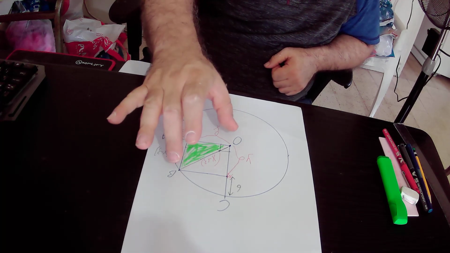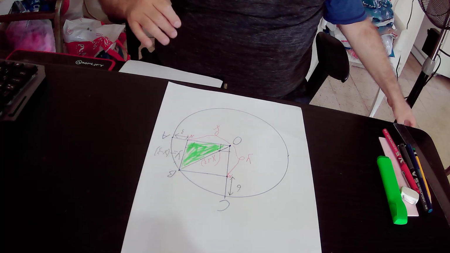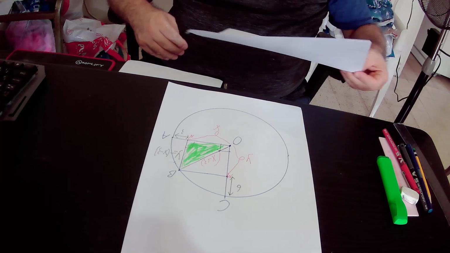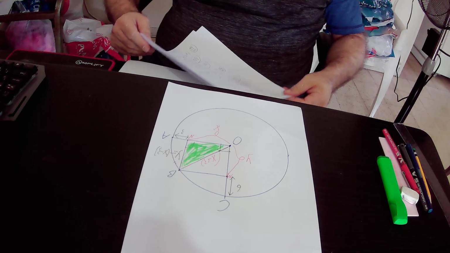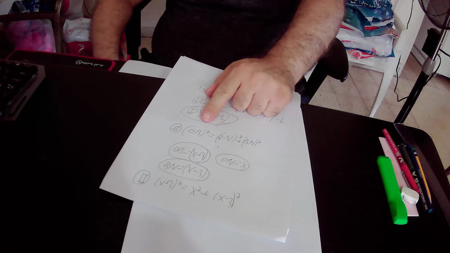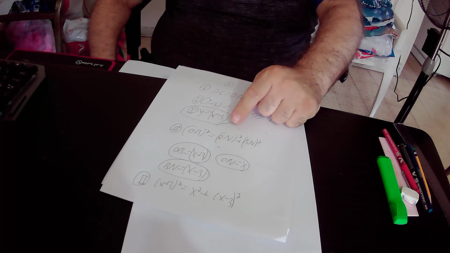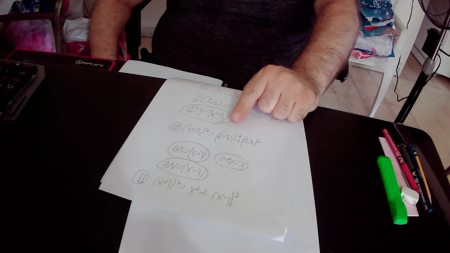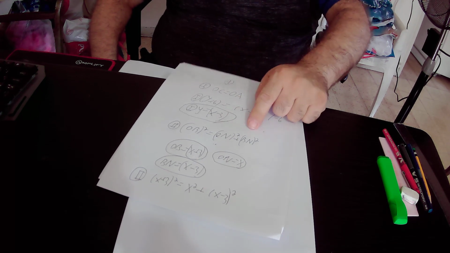That is to say, OB square equals ON square plus BN square.